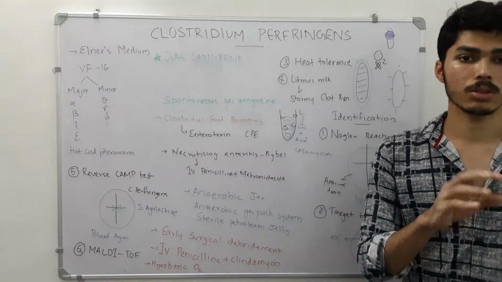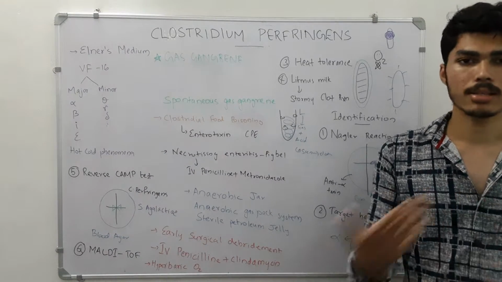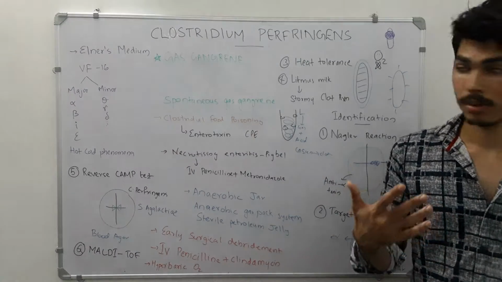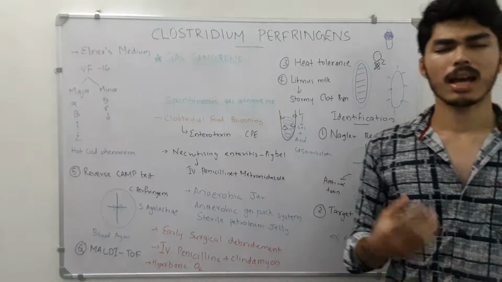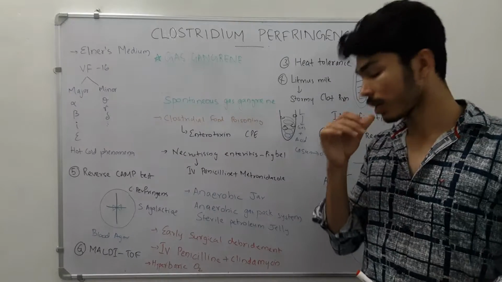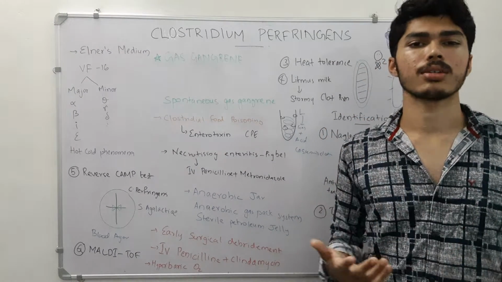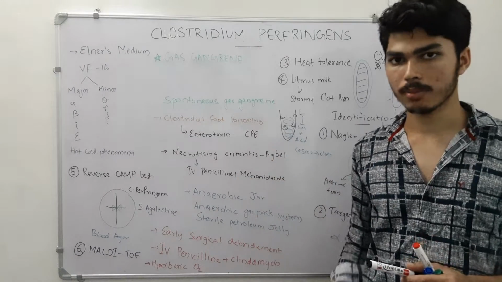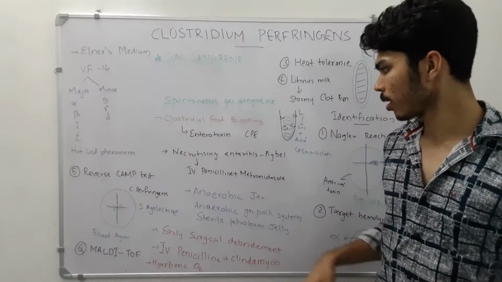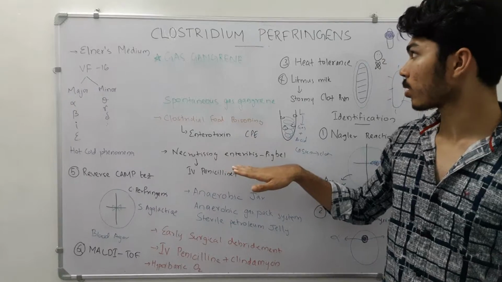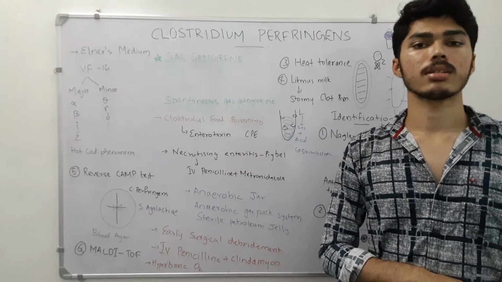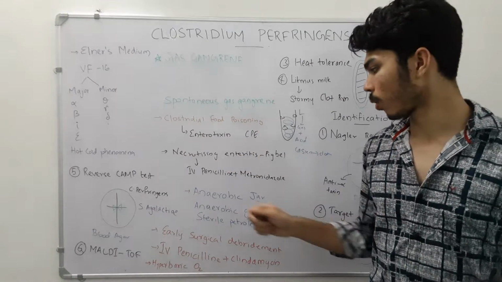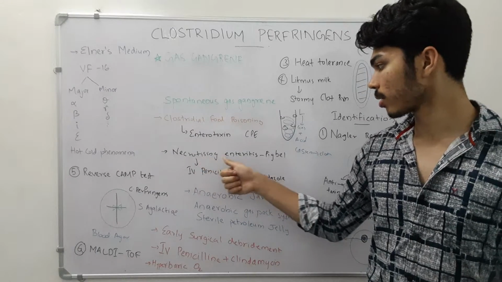More oxygen to that region kills the Clostridium perfringens. And one more thing is you can also give passive immunization, that is anti-alpha toxin antiserum.